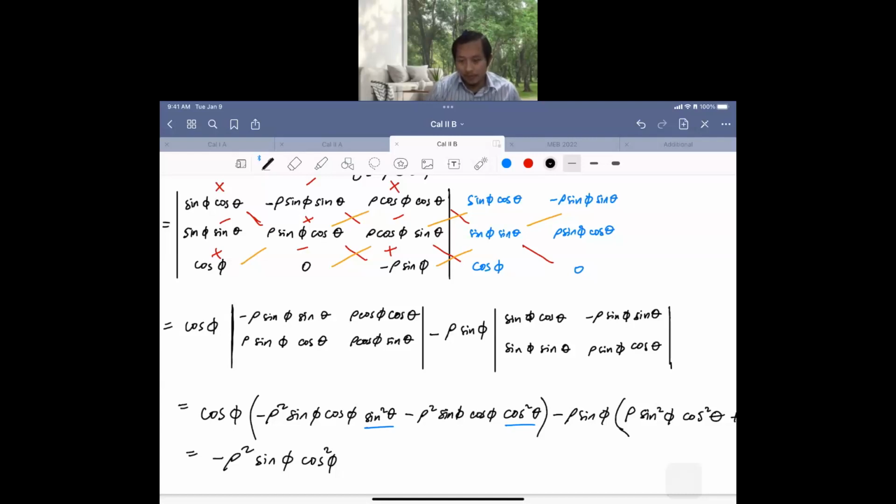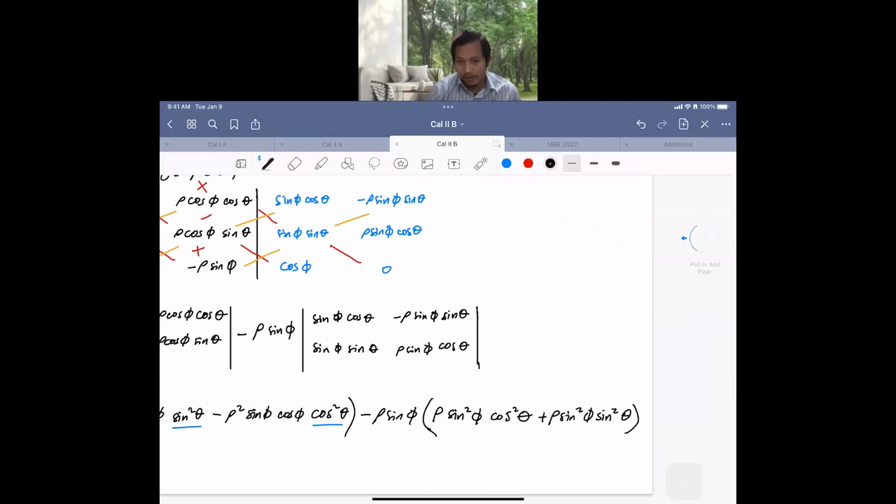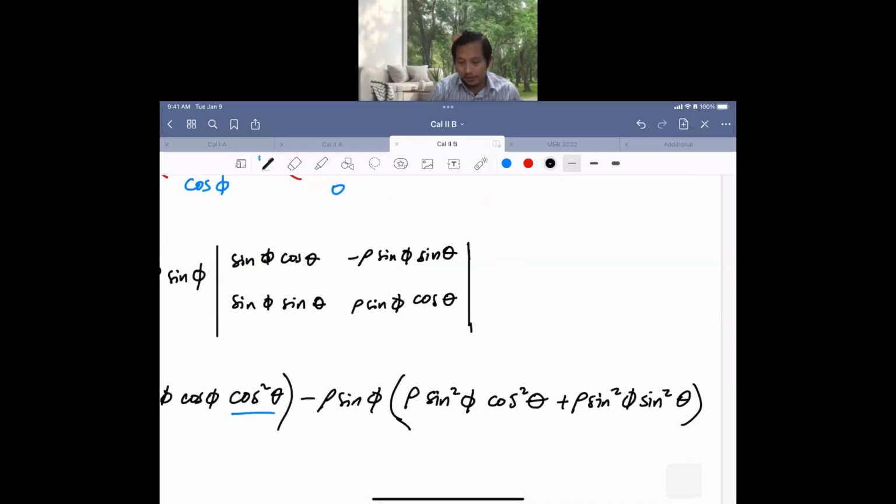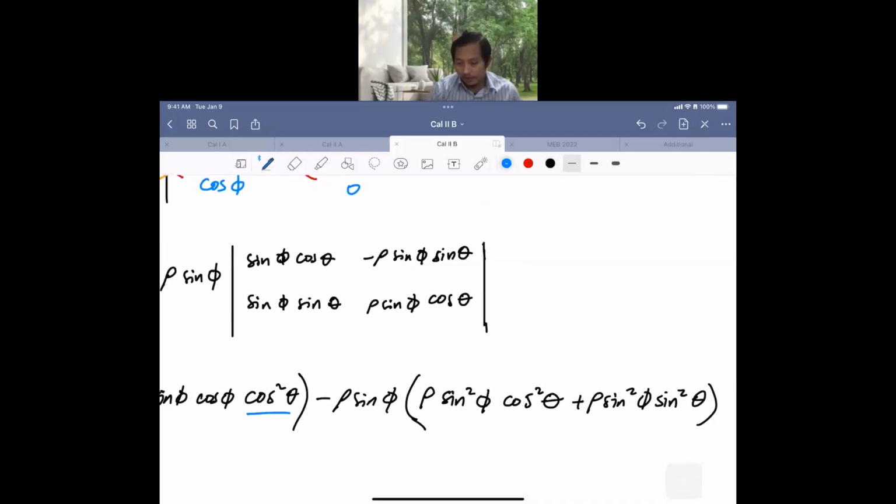Right? And this part, if we look here, we also have cos squared and sine squared, and it becomes 1.